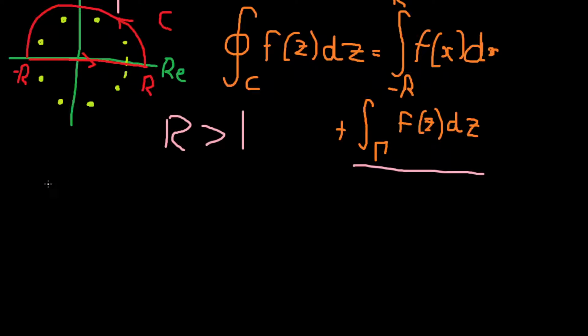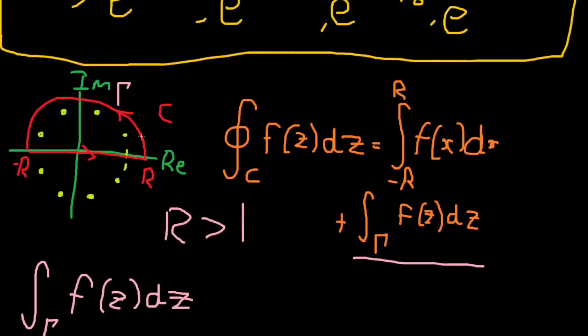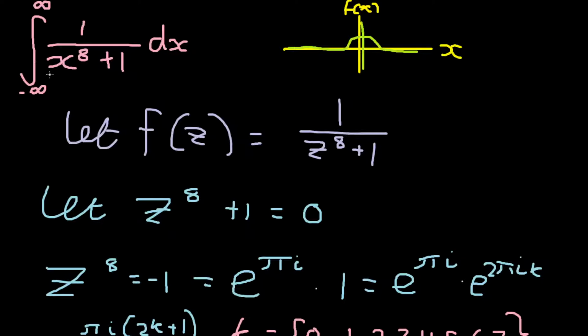Okay, so we're going to get the integral over gamma of f of z dz. Now you could parameterize this semicircle, substitute in e to the it into this, and there might be some way to do that.